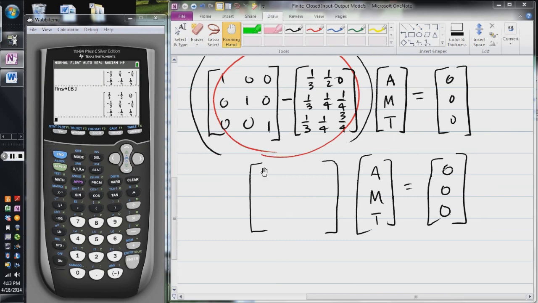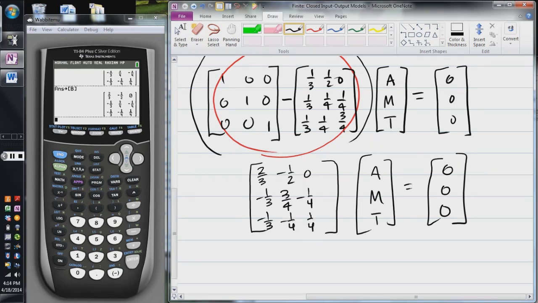It's 2/3, negative a half, 0, negative a third, 3/4, negative a fourth, negative 1/3, negative 1/4, and 1/4.